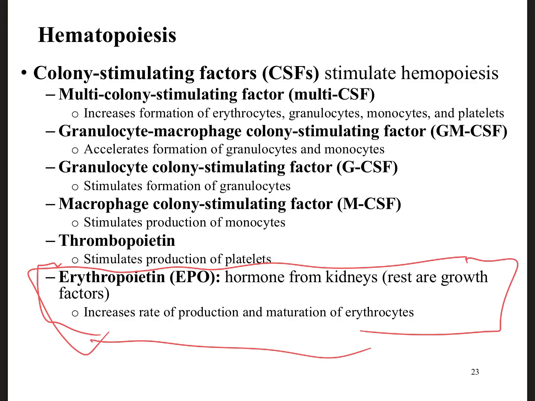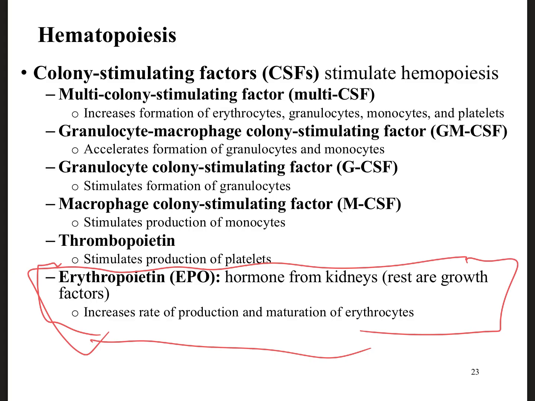Erythropoietin stimulates the release and the production of red blood cells. More erythropoietin, more red blood cells. The kidneys are always taking a measurement of how much oxygen is present in the blood.